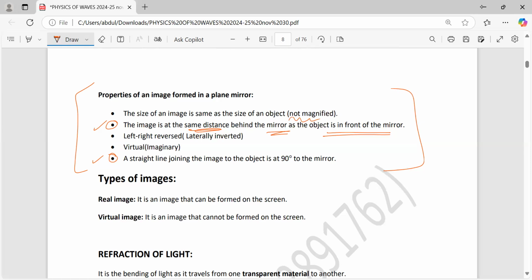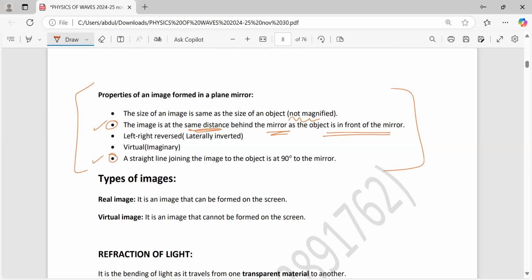If you are in a room where there is a glass in the wall or a dressing table, you just stand in front of it and move closer towards the mirror, you will see the image also getting closer to you.